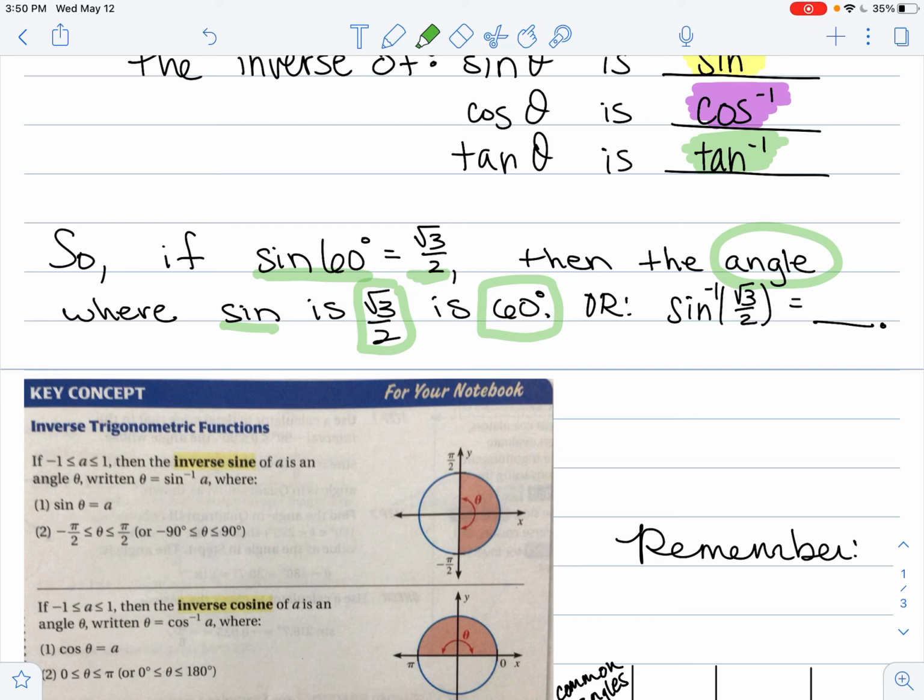So the inverse function finds the angle. Or we could say inverse sine of √3/2 is 60 degrees.